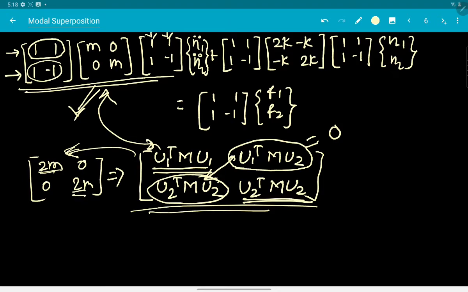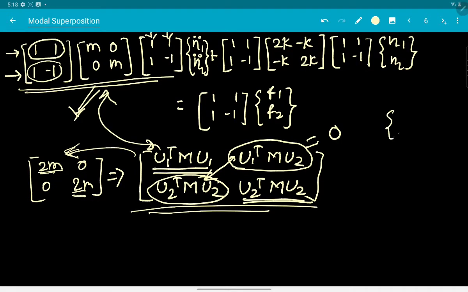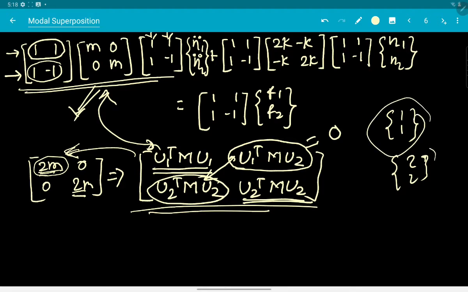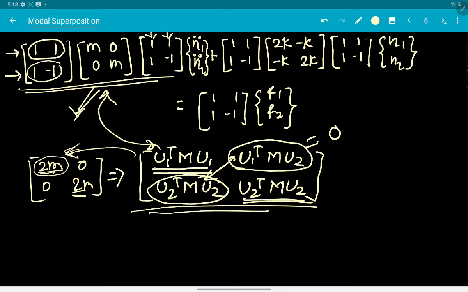It depends on what mode shape vector you consider. You have considered 1 1. If you consider 2 2, you are going to get something else here. What to consider, I'll tell you very soon. As of now we are considering 1 1, so we are getting 2m here and 2m here.